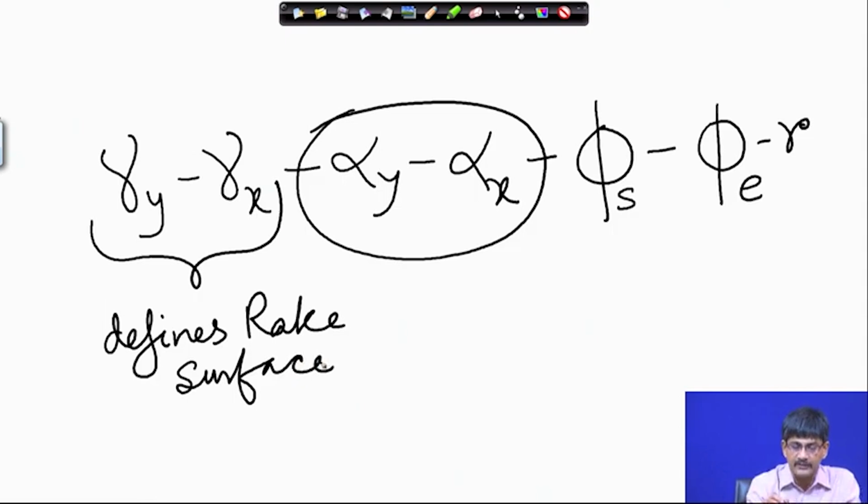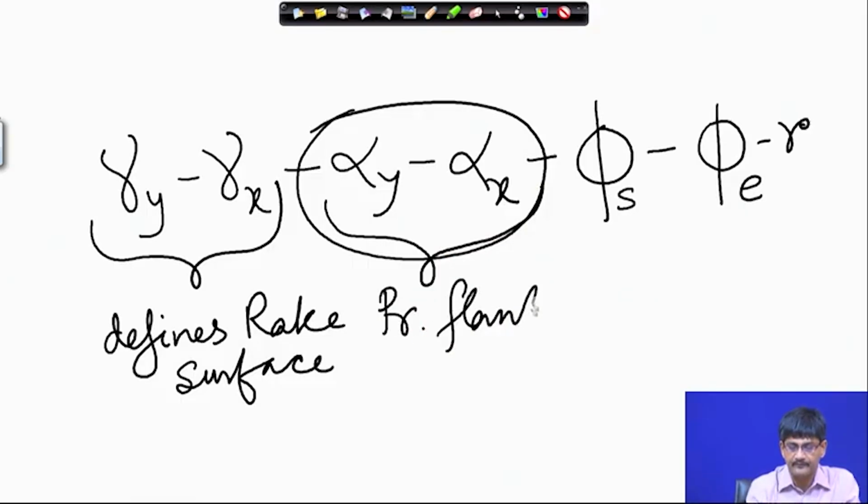If I define alpha y, alpha x, the principal flank becomes invariant, that is, its position and orientation are fixed. So, the orientation of the rake surface is fixed, the orientation of the principal flank is fixed, and therefore their intersection, which is the cutting edge, will also be fixed.